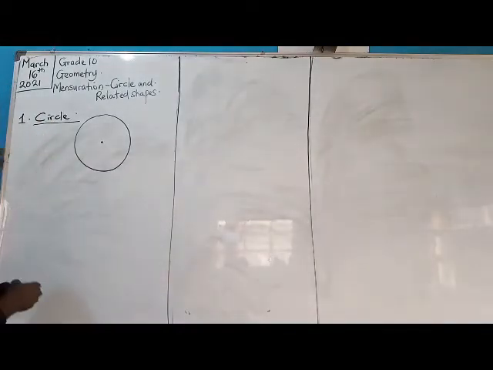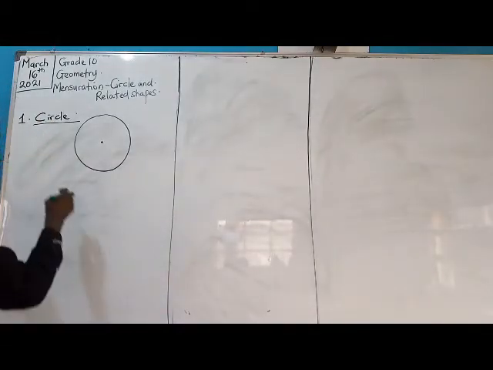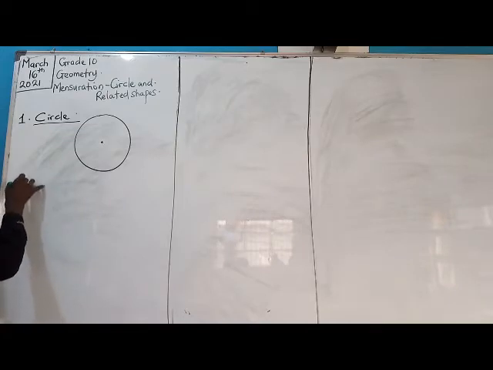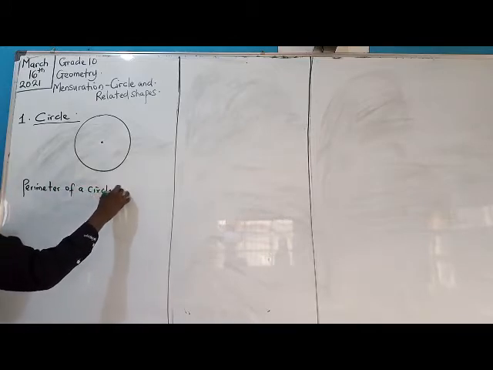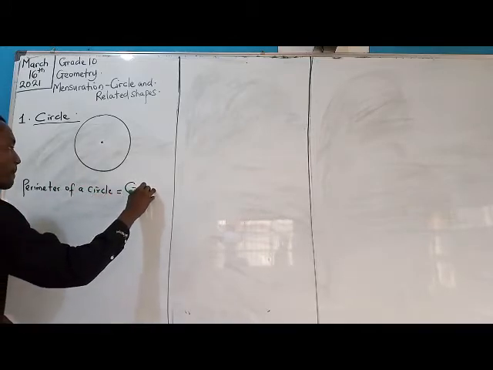Now, for a circle, we know that the perimeter is also the circumference, is that not?